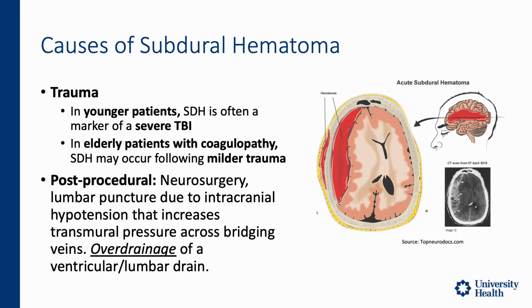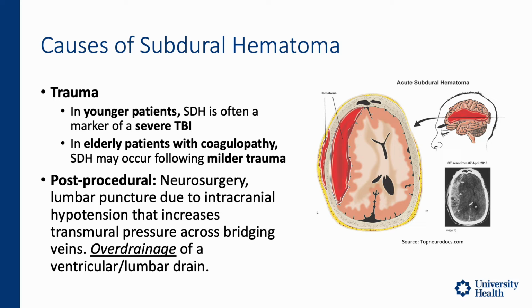And so other causes of this can be post-procedural, so due to a lumbar puncture, and also overdrainage of a ventricular or lumbar drain. So how does that happen whenever you overdrain? Say you put in a shunt for a patient that has cerebral palsy, for example, or they have some type of intracranial tumor that is causing obstructive hydrocephalus.